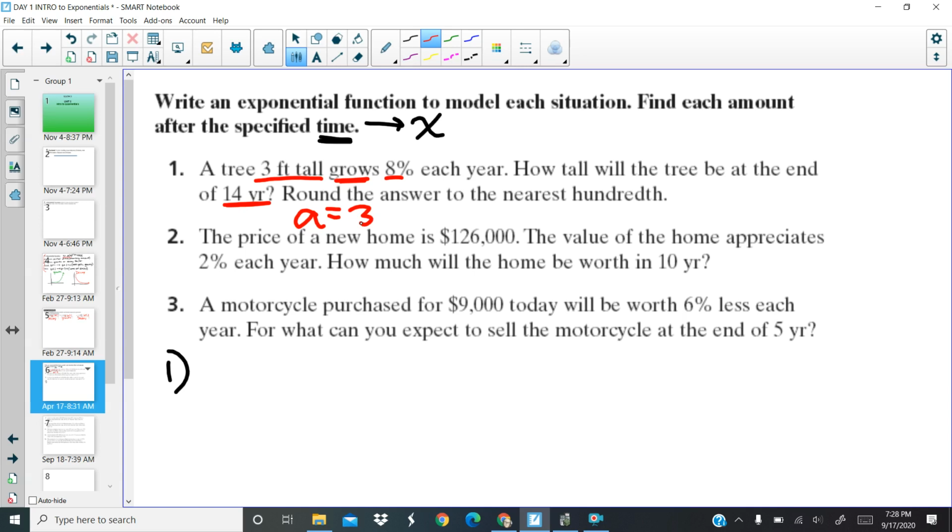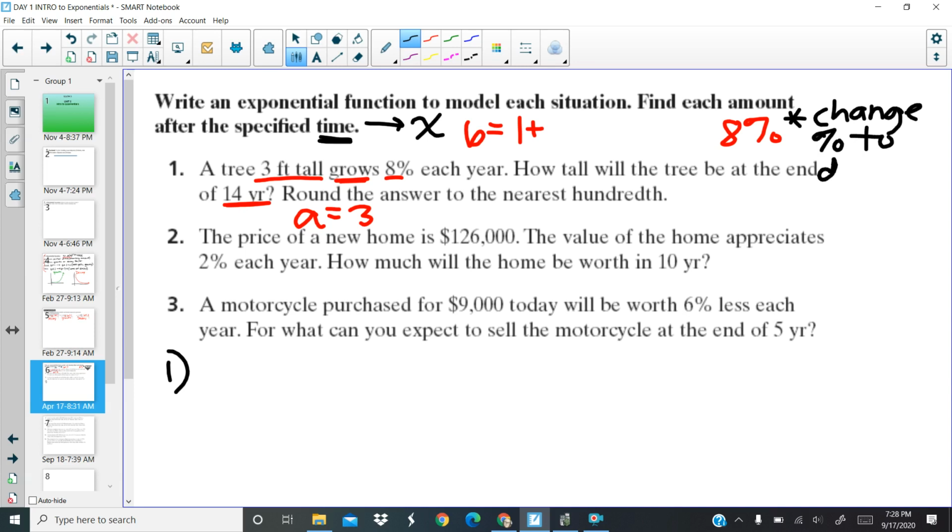And then it's growing, so B is going to be 1 plus the rate that it's growing at. For the rate, it gives you that it's 8%. Something I need you to definitely make a note of is you always have to change the percent to a decimal.